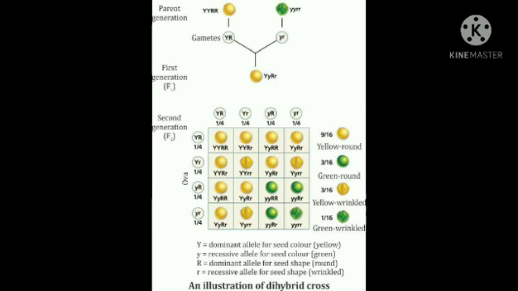Basically, in the dihybrid cross we study the inheritance of two genes at a single time, whereas in the monohybrid cross you studied the inheritance of one gene at a time. The two characters studied here are seed shape, round and wrinkled, and seed color, yellow and green, where round and yellow are the dominant traits.